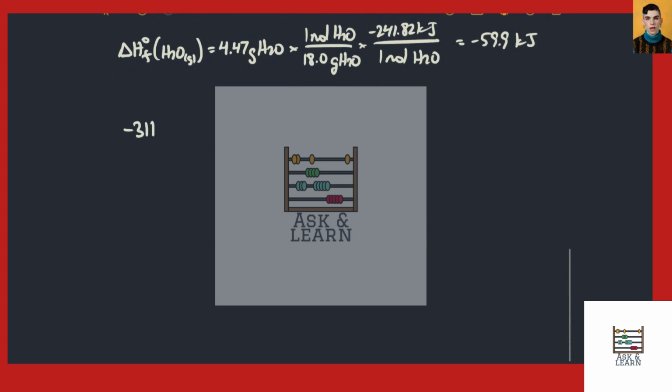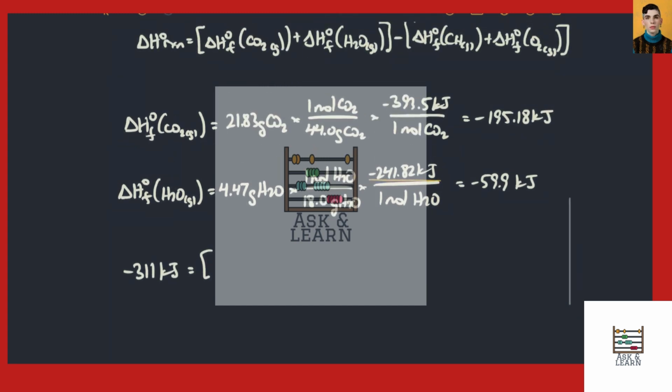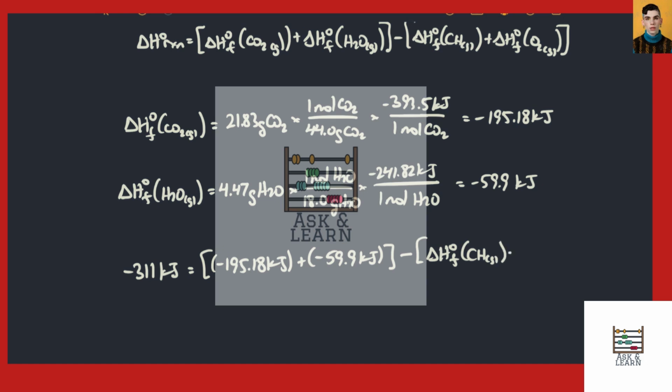And now substituting this into our equation up above, delta H naught of reaction is equal to negative 311 kilojoules. This is equal to delta H naught formation of CO2, negative 195.18 kilojoules, plus delta H naught formation of H2O, negative 59.9 kilojoules, minus the delta H naught formation of CH solid.